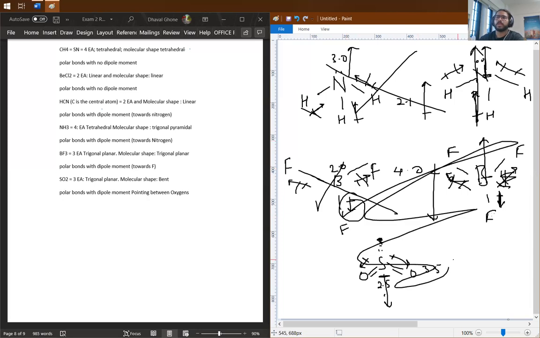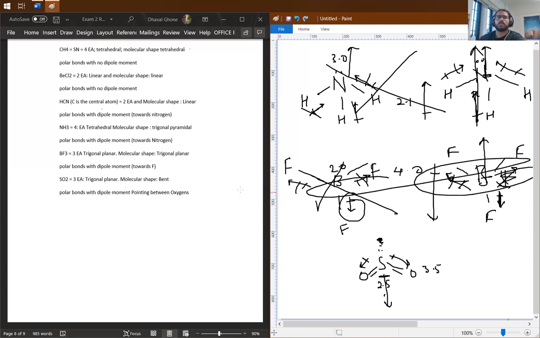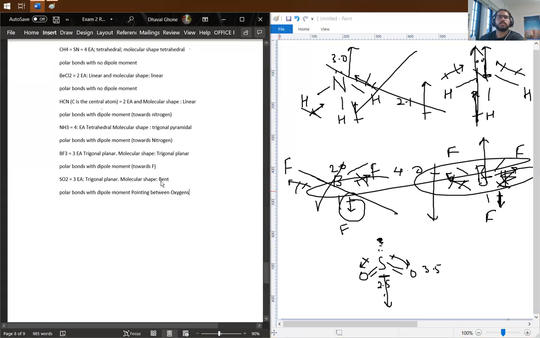BF3, I'm not sure what the answer is. So do not follow this one. This could be incorrect. I'll ask Dr. Peters and get back to you about this one. So leave BF3, but everything else should be correct.